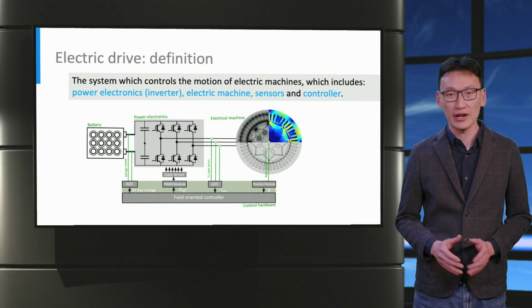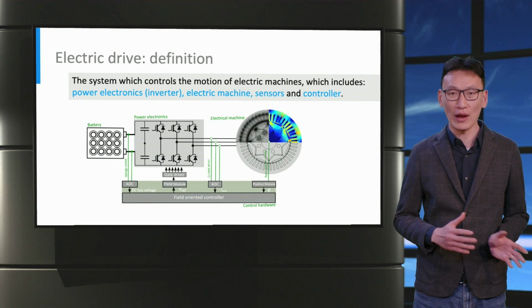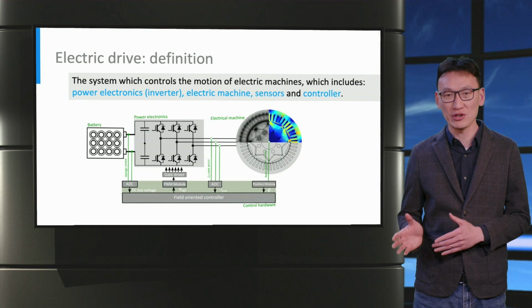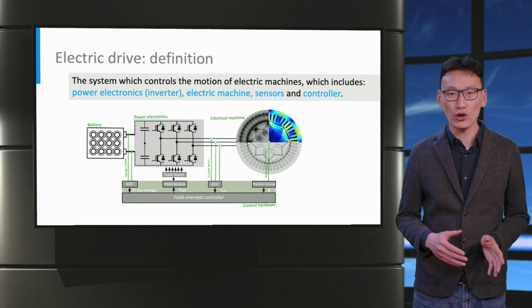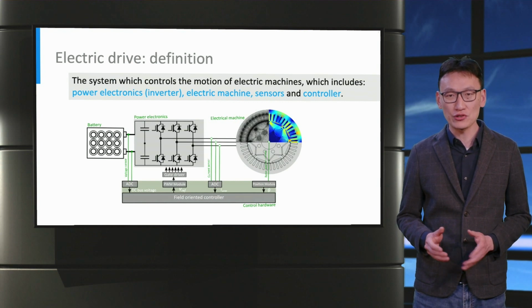The inverter is connected to the battery at one end and to the electrical machine at the other end. A field-oriented controller controls the gate signals for the inverter. Here, field-oriented control means the controller tracks the direction of the magnetic field and sets the voltage command to reach the required torque accordingly.